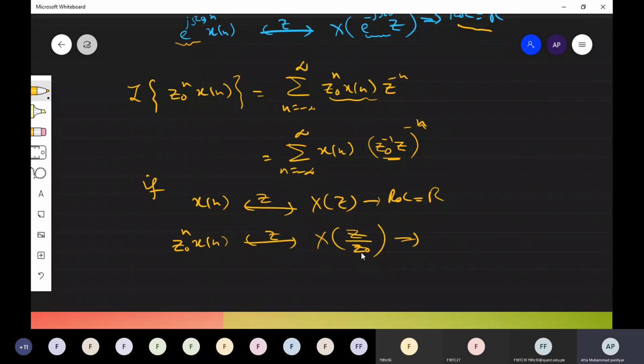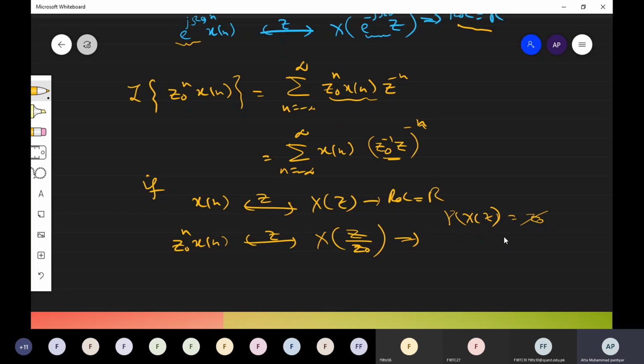Now you can see, for example, if we had a pole of x of z at z naught, what would this z naught do? This would cancel the pole, right?